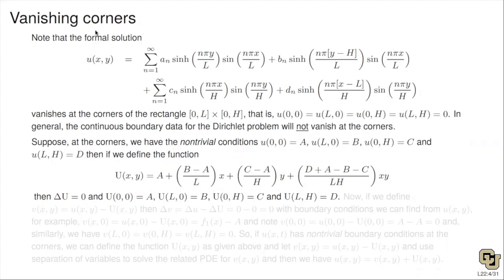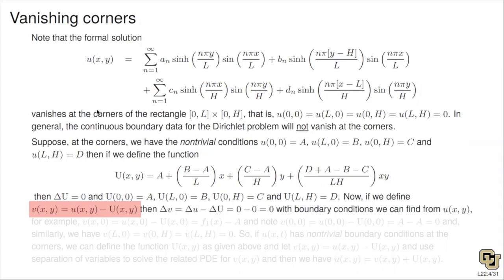So now the trick is to make a new PDE using this substitution. Let V equal U minus capital U. This PDE will satisfy Laplace V equals 0. It'll satisfy Laplace's equation because of linearity.